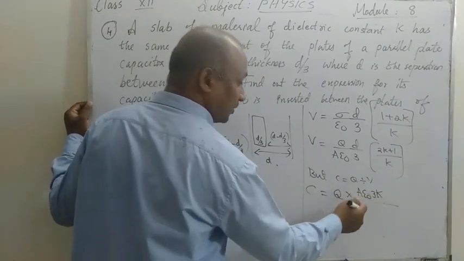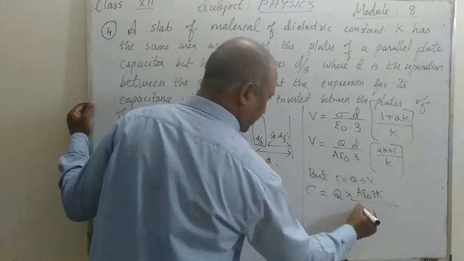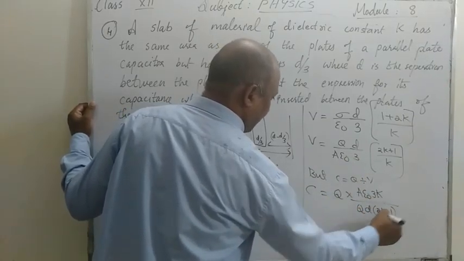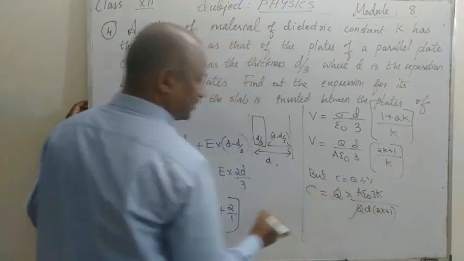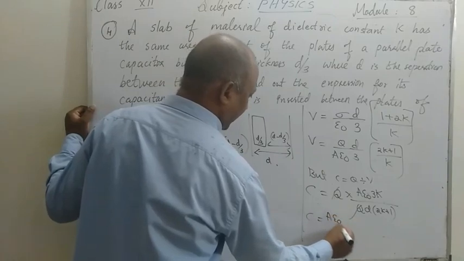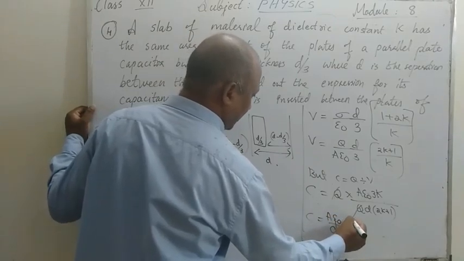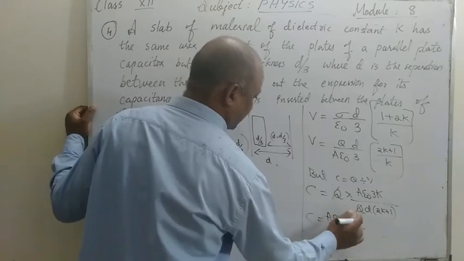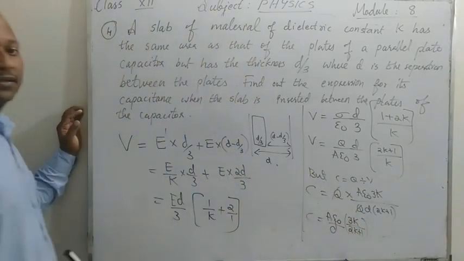The denominator will go into the numerator and the numerator will come into the denominator. So Q d into 2K plus 1, Q cancels, and you get A epsilon naught upon d into 3K upon 2K plus 1, which is the capacitance.